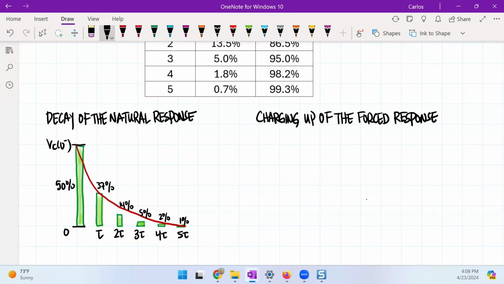I now have a discharged capacitor. So if I have a discharged capacitor, what I'm imagining here is that it has to start off at 0 here. So at this point, I'm going to say that this is 0. So at 0 tau, there is none.